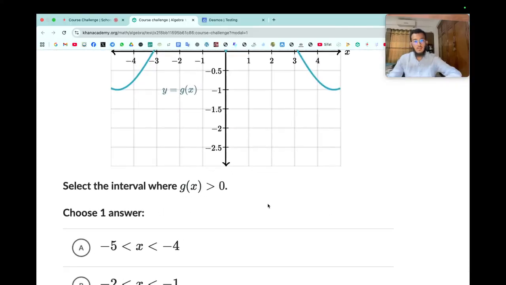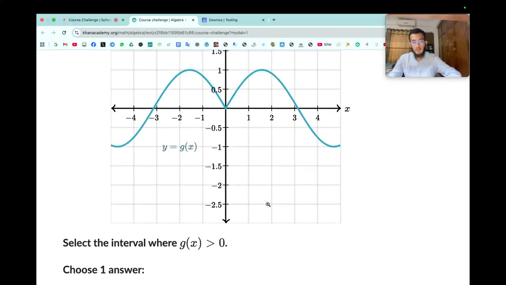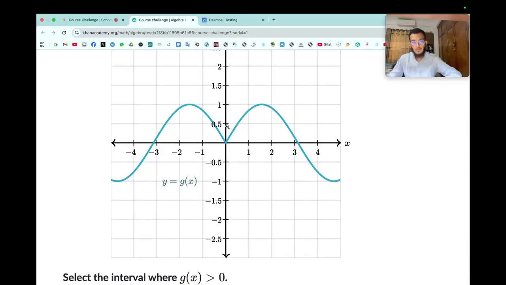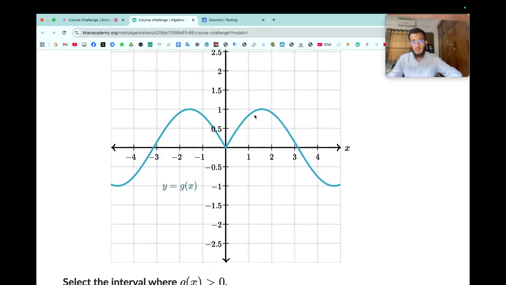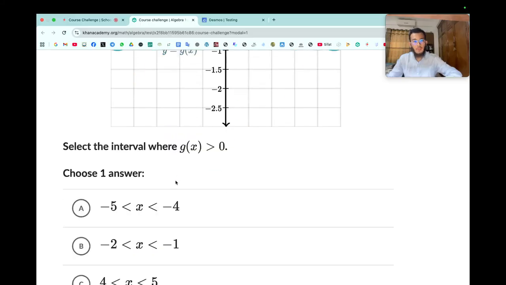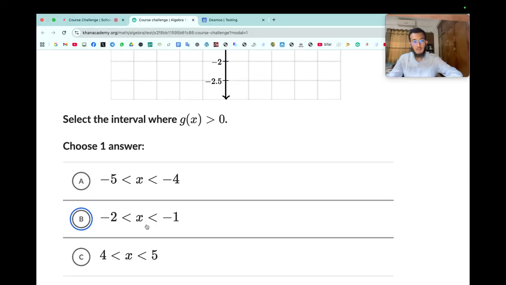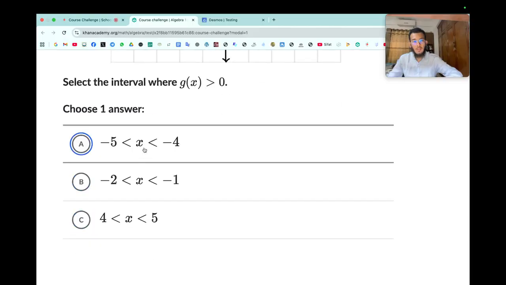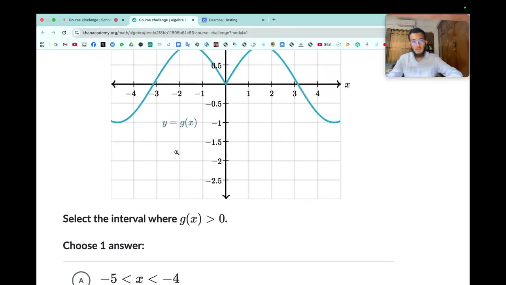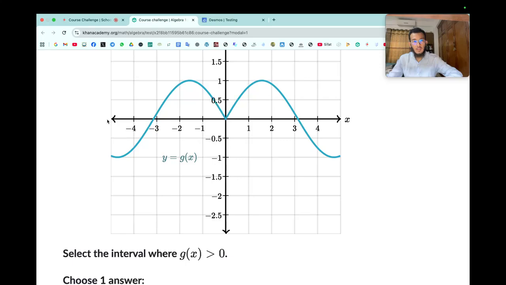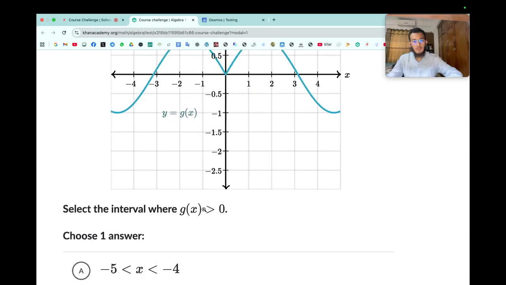Select the interval where g(x) is greater than 0. Which means it is on the positive side, right? So this portion, and this portion. From -5 to -4, no, that is below, this can't be.